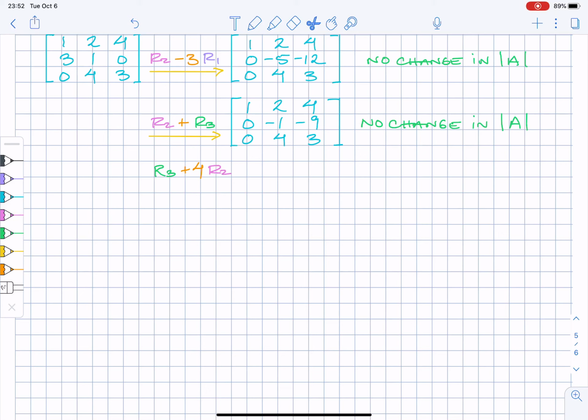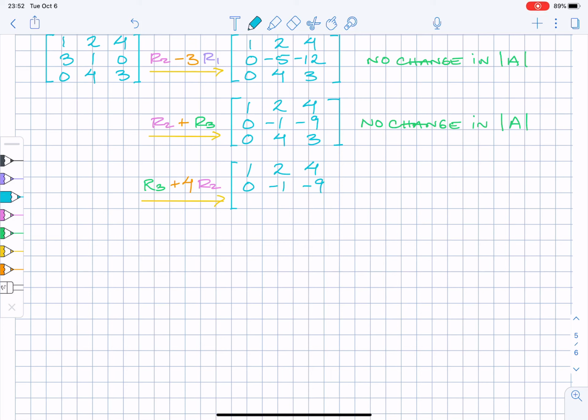Let me move that down. So row 3 is going to change this time. Let me move this a bit to the left. Okay, so rows 1 and 2 will stay the same. So we'll have 1, 2, 4, then 0, negative 1, negative 9.